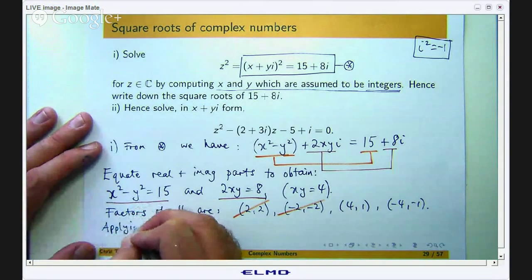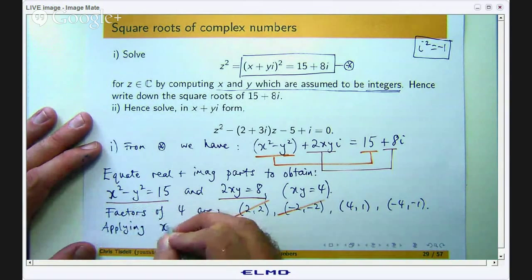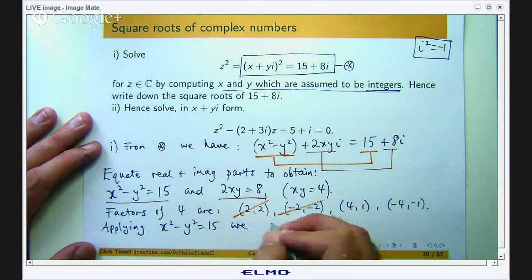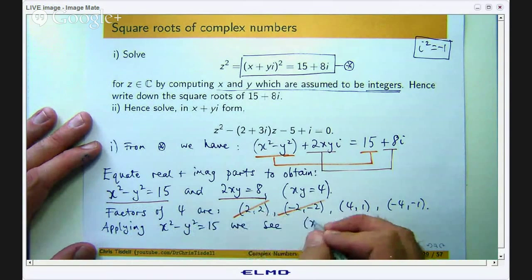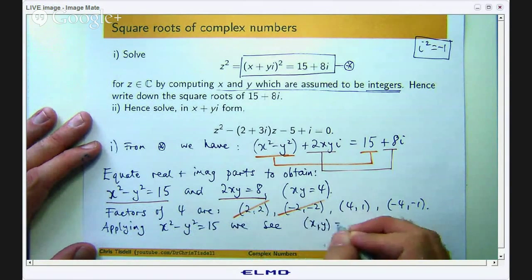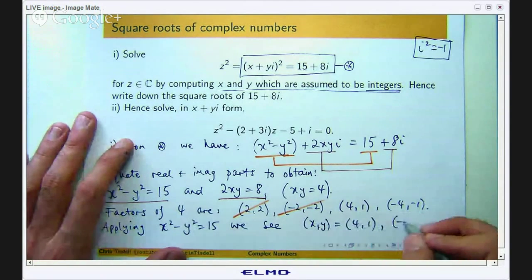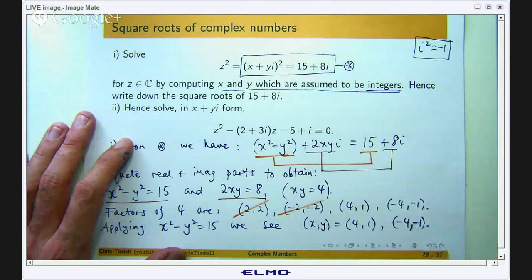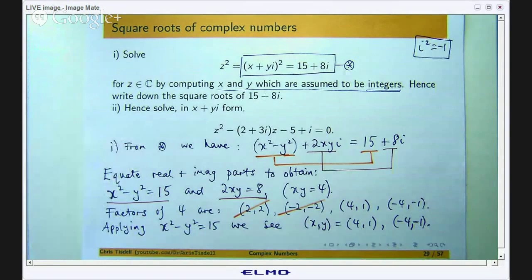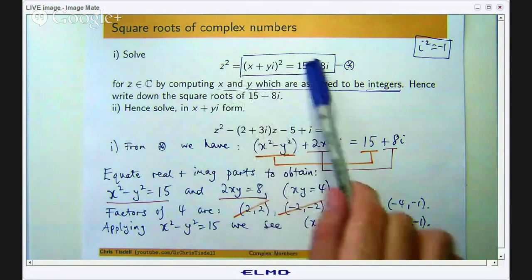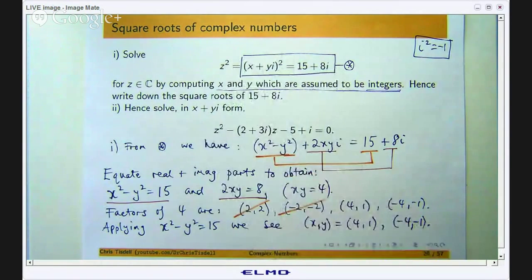Okay, so if we apply x squared minus y squared equals 15, we see that x and y is 4 and 1 or negative 4 and negative 1. So there's going to be two complex numbers that satisfy this.